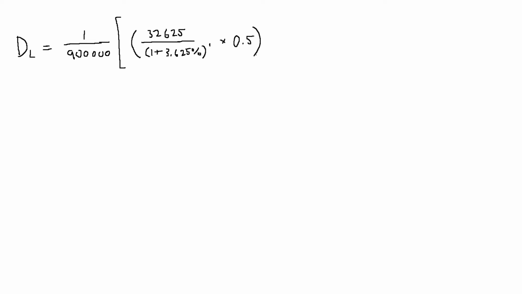Now this is a little bit confusing because we have a t here and we have a t here, though they aren't actually the same t's. This t here refers to the time period within the present value of the coupon payment. So you can treat the first part, this fraction, as just calculating the present value of that coupon payment.